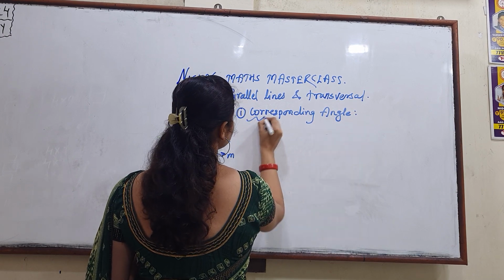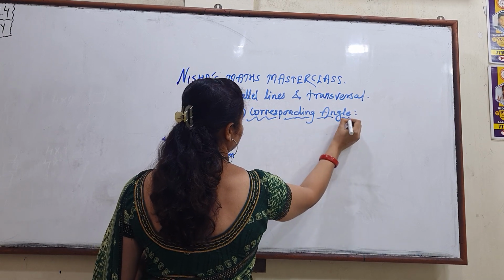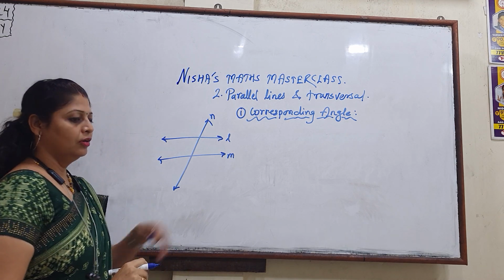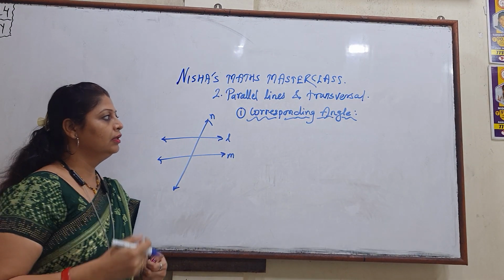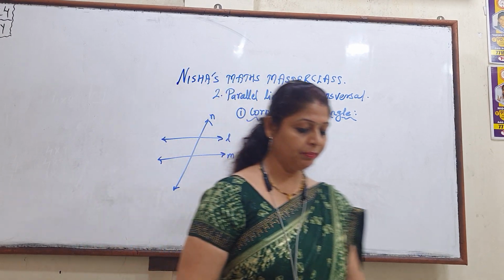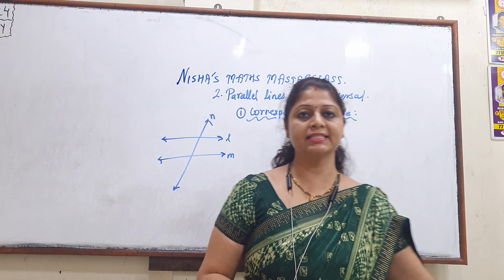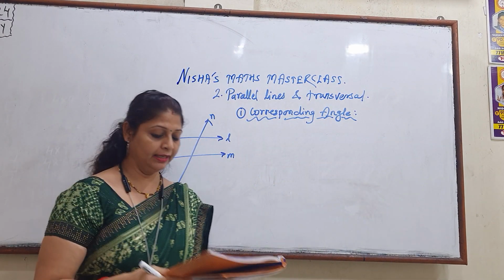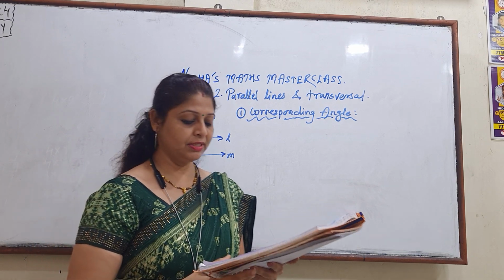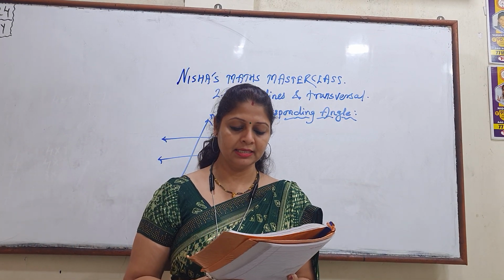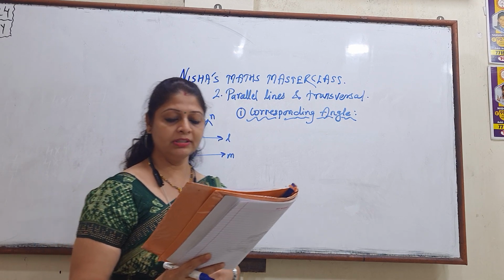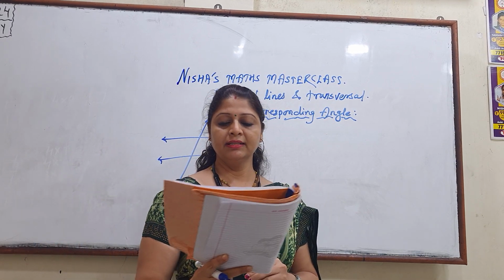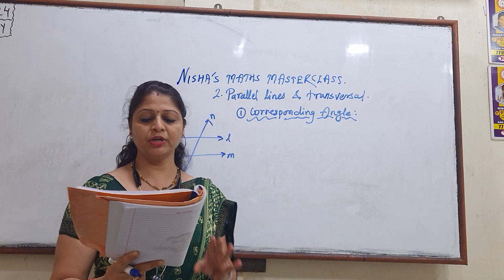What is meant by corresponding angle? Simple. The definition is already given, but I want to tell you one trick. But before that, I read the exact meaning: if the arms of a pair of angles on the transversal are in the same direction and the other arms are on the same side of the transversal, then it is called a pair of corresponding angles.